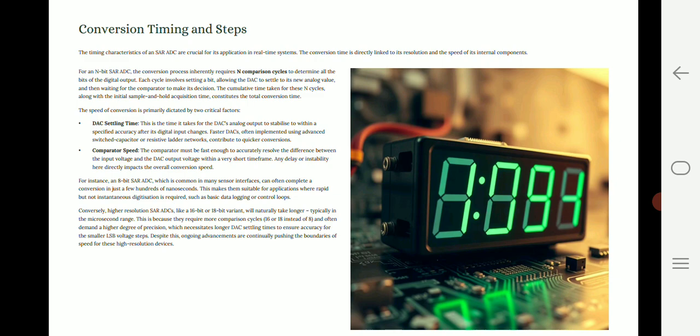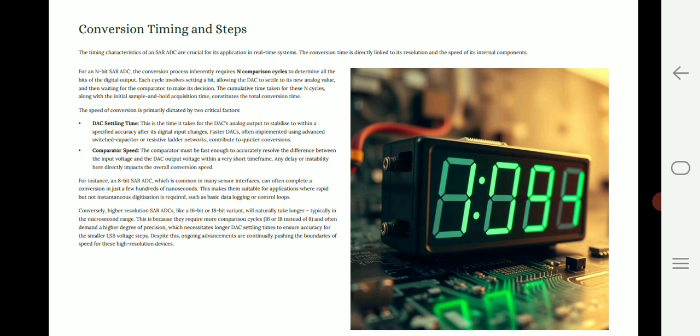The first one is DAC settling time and the second is comparator speed. DAC settling time is the time it takes for the DAC analog output to stabilize within a specified accuracy after its digital input changes.